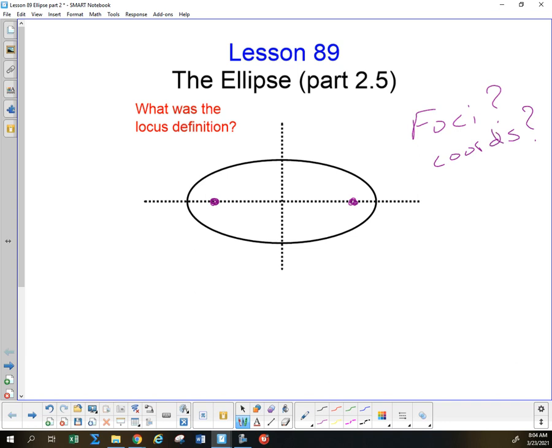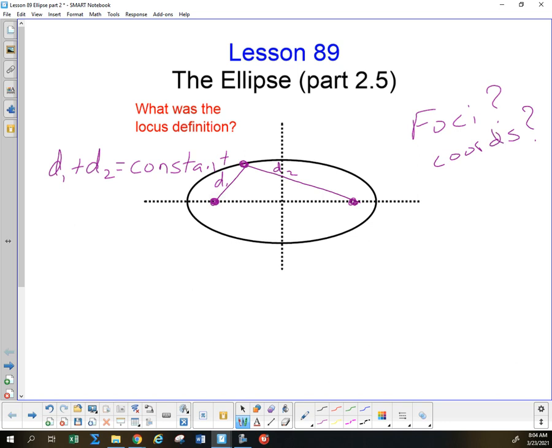And what's special about those is any point that we want to pick on the ellipse somewhere, if we imagine a string tied to both of those foci and going to that point, that piece of string always stays the same length. So if I had these 2 parts of my piece of string, D1 plus D2 would always be a constant length for that string.